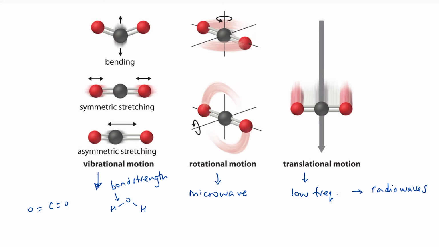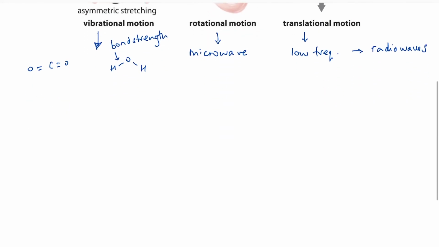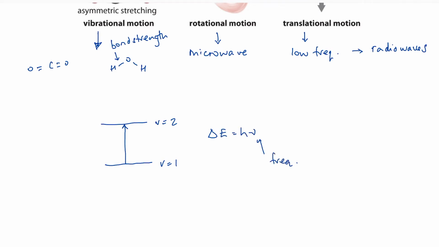Indeed, we know that the energy levels in molecules are quantized. They're at fixed levels. So for a molecule to move from, say, vibrational level 1 to vibrational level 2 requires it to absorb a specific frequency of radiation. And you may be familiar with the expression delta E equals hv. So there's my frequency.